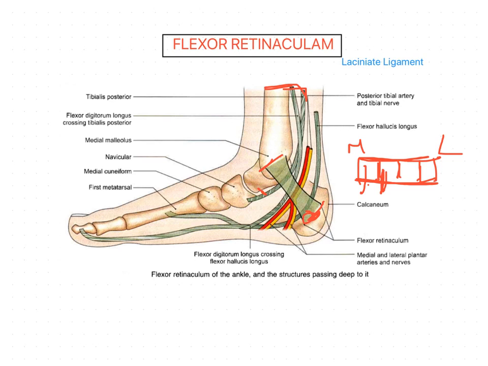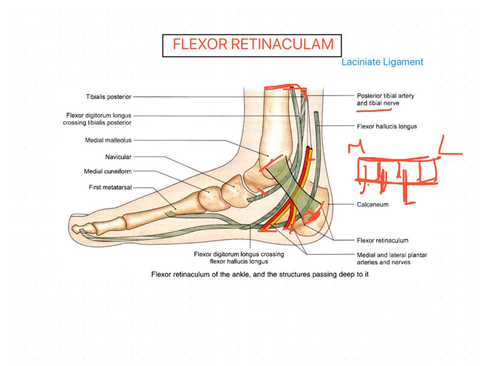And in the third compartment, you can find the posterior tibial artery, so we can call it posterior tibial vessels and nerve in the third one. Here you can find the structures, that is the posterior tibial artery and the nerve.